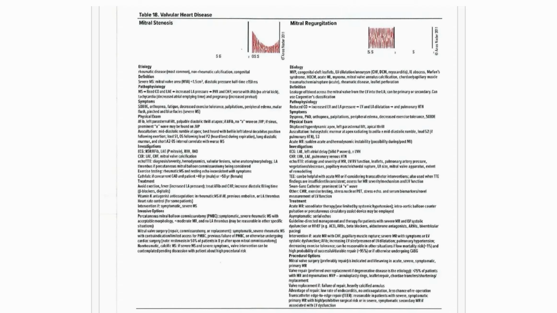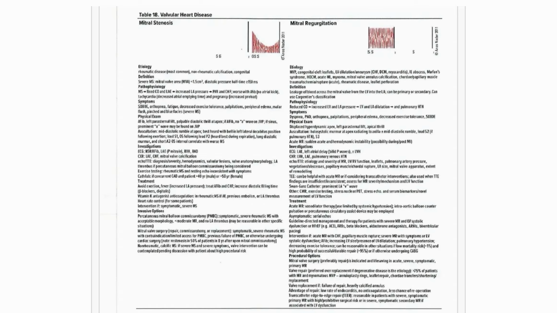Other causes: myxomatous degeneration, chordal rupture, papillary muscle rupture, and mitral annular calcification. Secondary causes result from left ventricular diseases such as dilated cardiomyopathy, myocarditis, heart failure, and ventricular aneurysm.